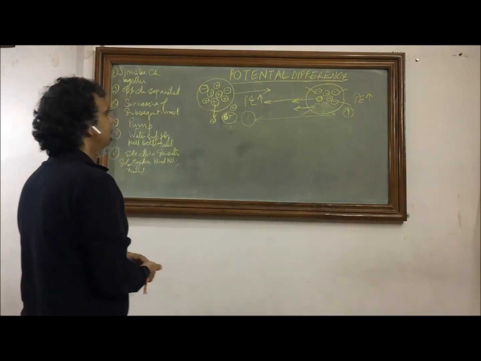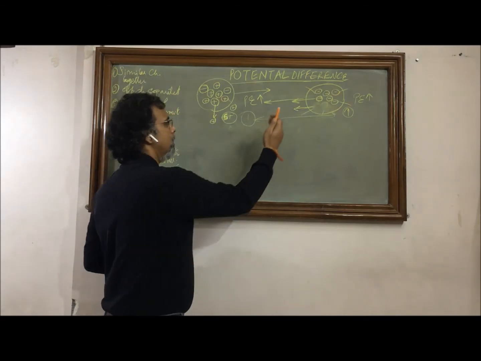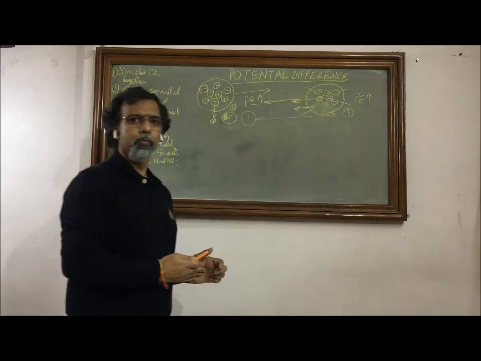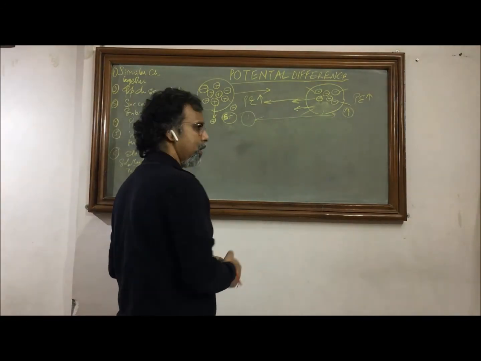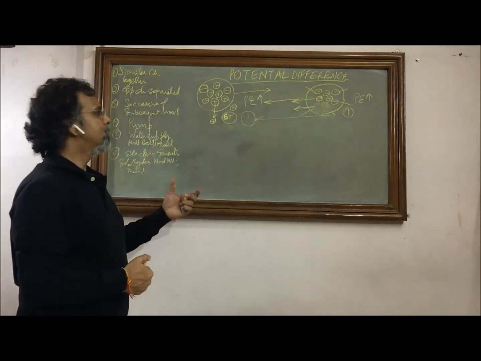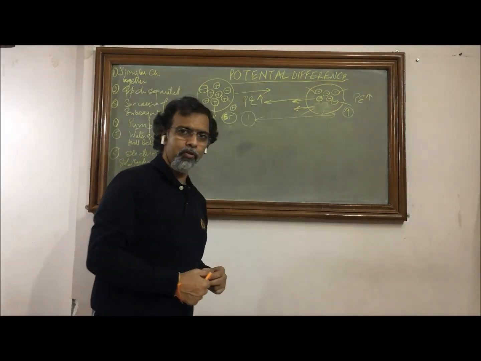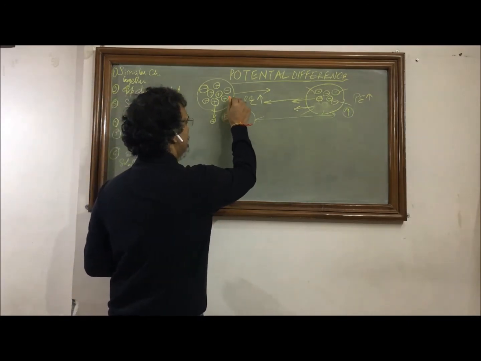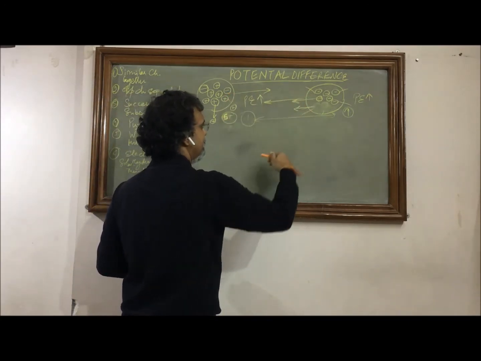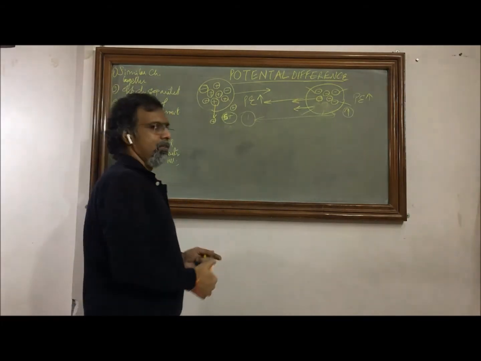So an important concept coming here is, if we need each and every charge to move with the same energy, with the same kinetic energy, or with the same velocity, we need a constant potential difference, which means the initial potential difference and subsequent potential differences should not have any lesser value.